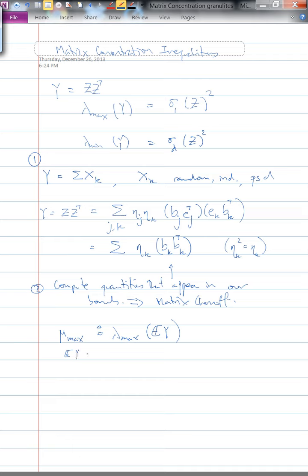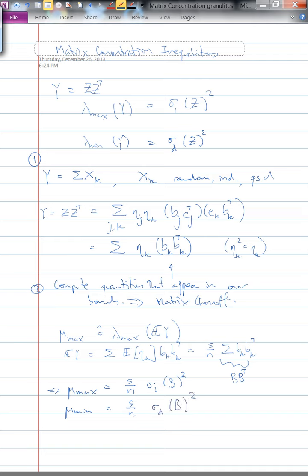So, expected value of Y, by linearity of expectation, is the sum of the expected value of eta k times bk bk transpose. Expected value of eta k is just the probability that it's equal to 1, that's s over n, times the sum of bk bk transpose, but this is just B B transpose. In other words, mu max is equal to s over n times sigma 1 of B squared, and mu min is equal to s over n times sigma d of B squared.